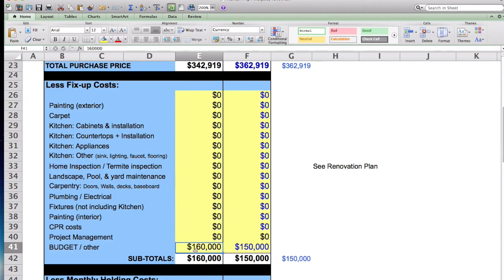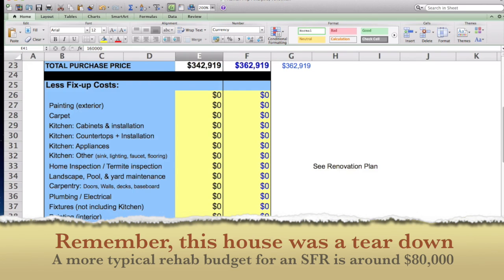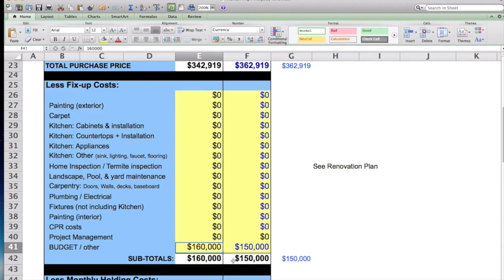So I'm using a budget. I set the budget at $160,000. You could either do it that way and set a budget, or you can get a detailed breakout from your contractors and then allow the total to be tallied up there in the subtotals, okay?